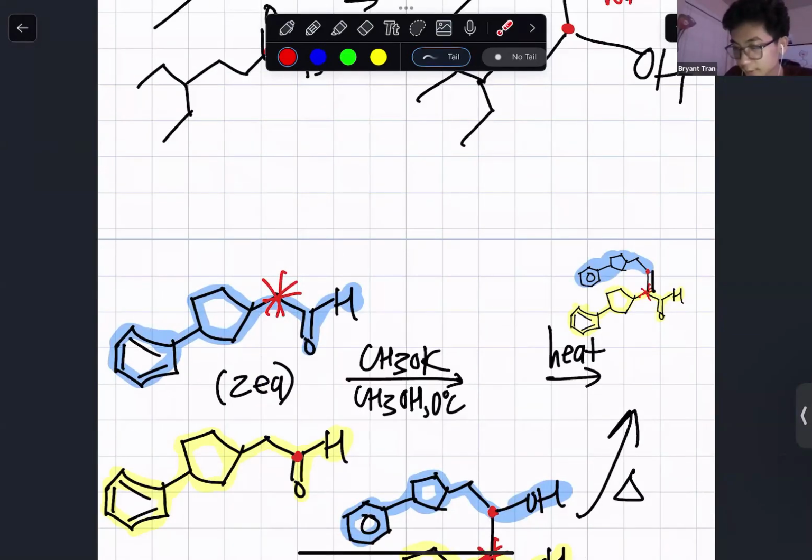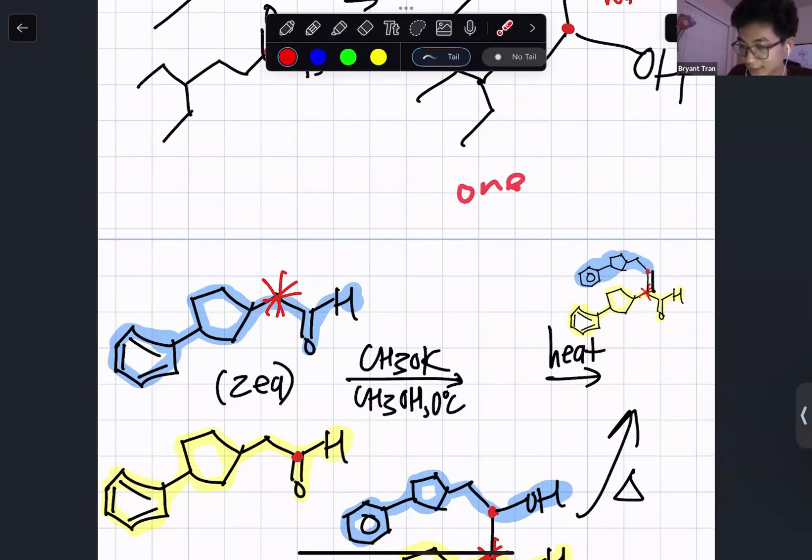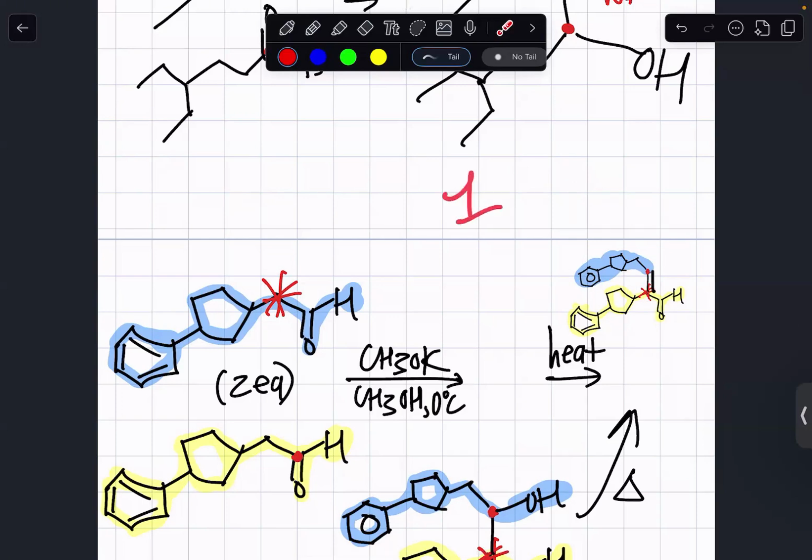In the instructions, she's gonna say assume excess, unless otherwise noted, unless it's one equivalent. If it says one equivalent, then it'll be one equivalent. Otherwise, it's always an excess.